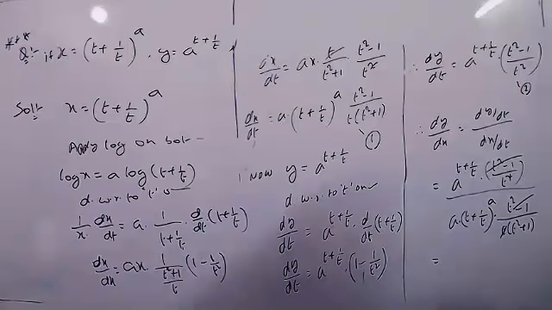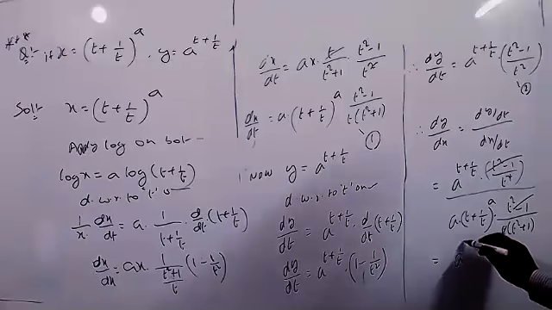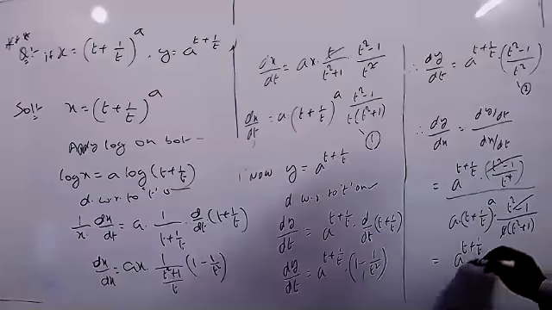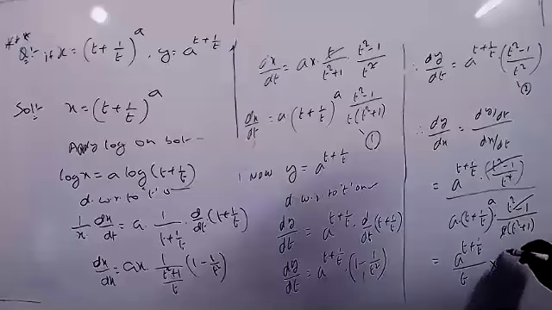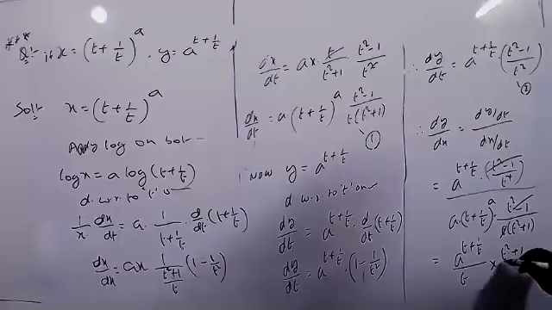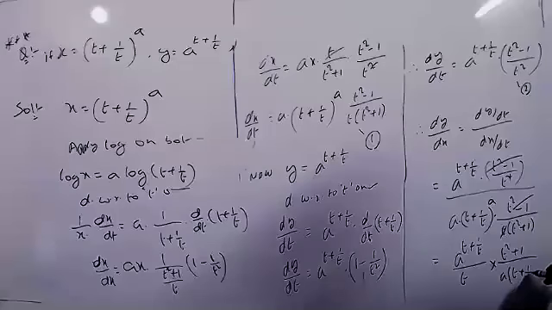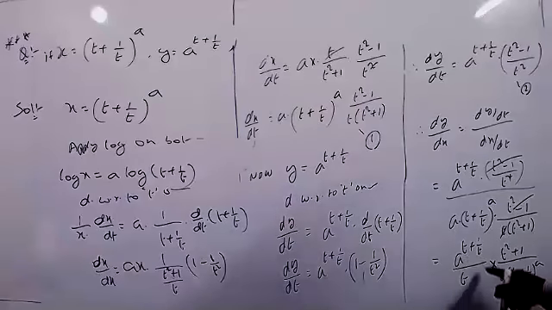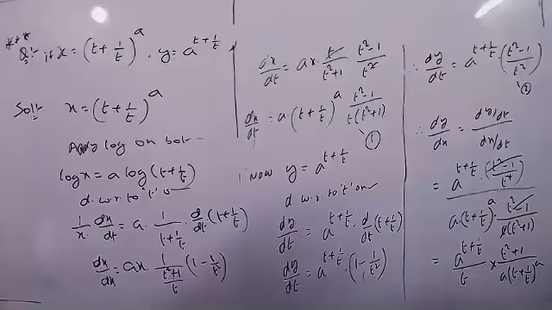You can take reciprocal and write the answer. a power t plus 1 by t whole by t into t square plus 1 by a into t plus 1 by t whole power a. That is y and x you can write.